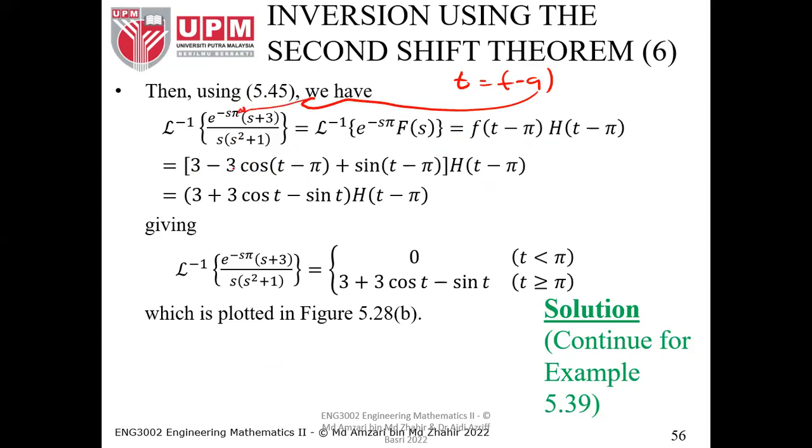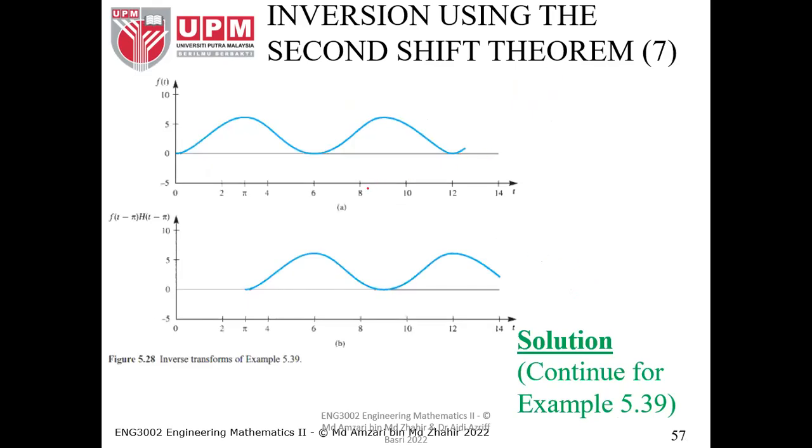That's why it is 3 cos(t minus pi) plus sin(t minus pi) times h(t minus pi). Then we can solve this one. The limit of this inverse is 0 when t is below pi, and minus 3 cos t minus sin t when t is above pi. So this is the form of the function.